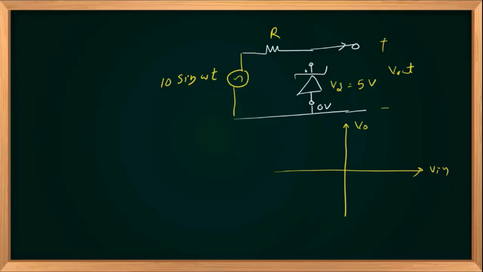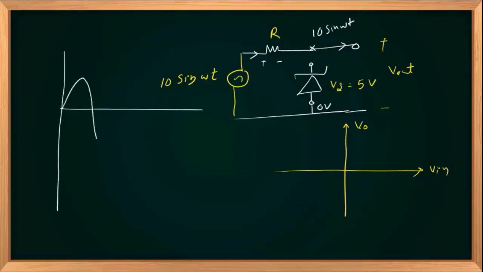There won't be any current flow through R, so there won't be any drop. So this potential will be the same as V in, 10 sin omega t, oscillating between plus 10 and minus 10.